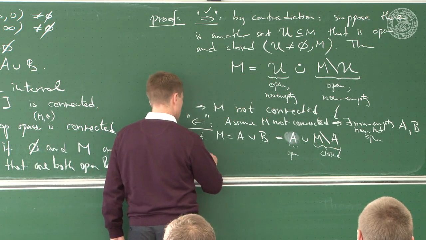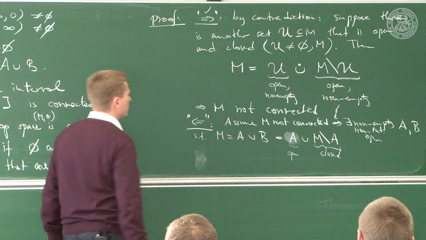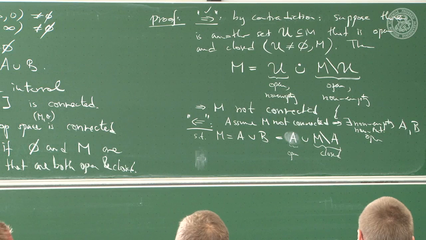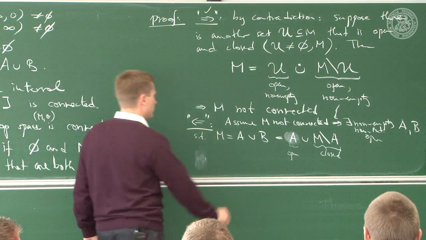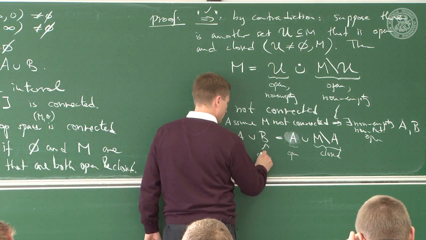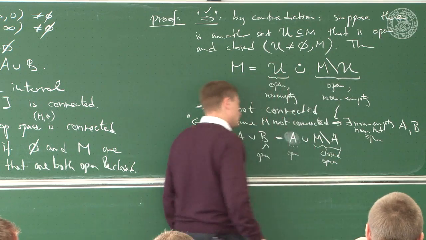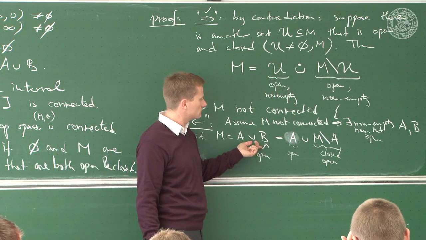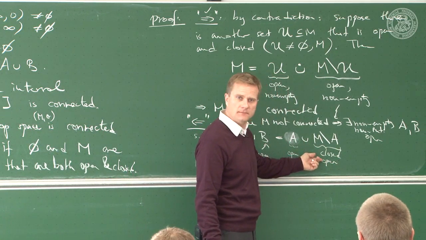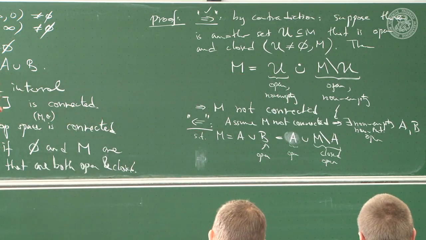A must be open, but we already knew that. But B is open. So M without A is closed, but it's also open, because this is B.